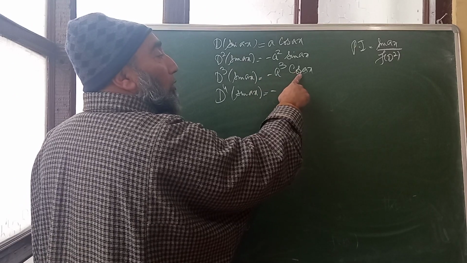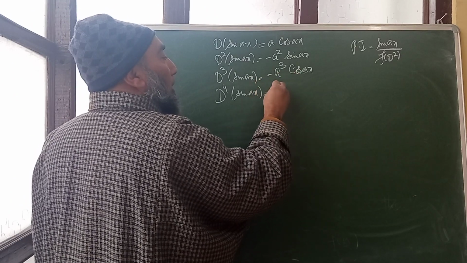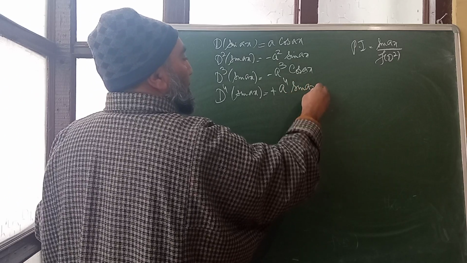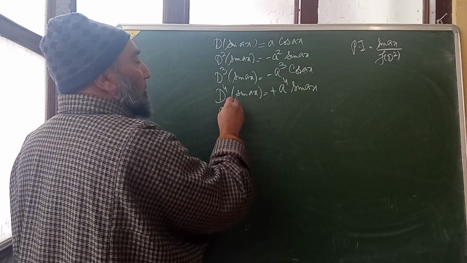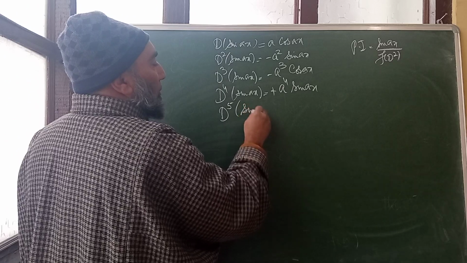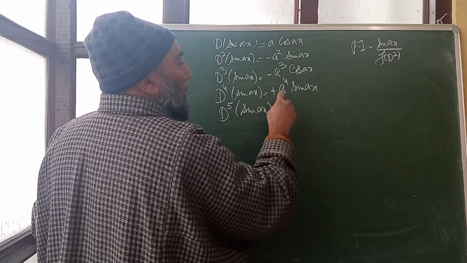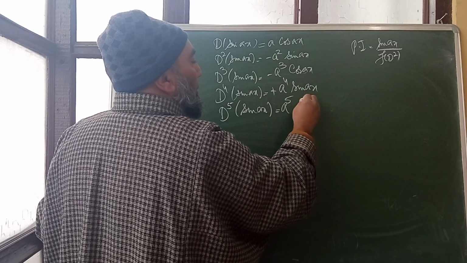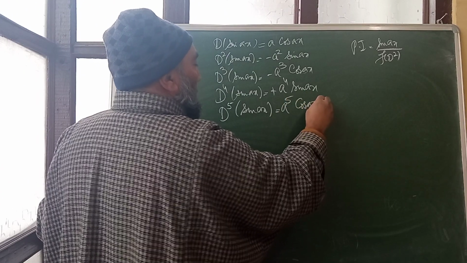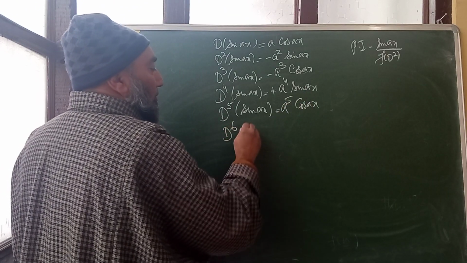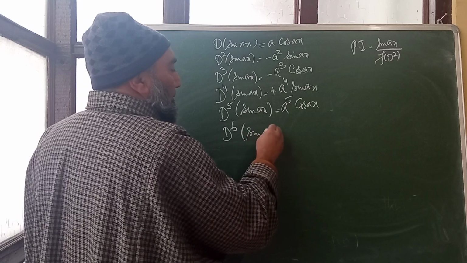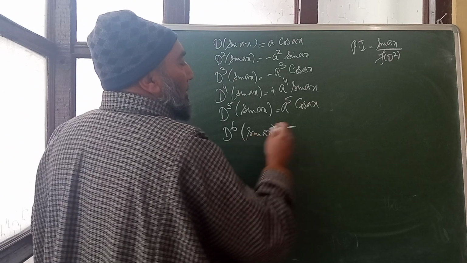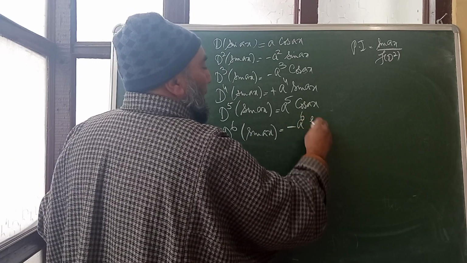Minus, derivative of cos is minus sine, so minus minus is plus, a4 sine of ax. What is D5? Sine of ax. Now derivative of sine is cos, so a5 cos of ax. What is D6 of sine of ax? It is minus, derivative of cos is minus sine, so minus a6 sine of ax.